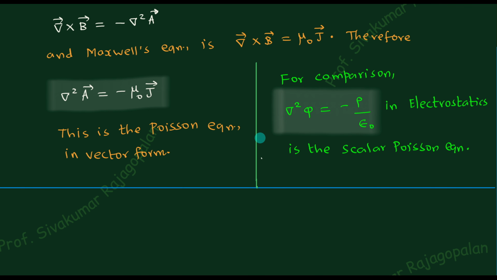Okay, so what is the main conclusion ultimately? Why did we do all this Coulomb gauge, etc.? The Coulomb gauge has helped you to determine the magnetic vector potential in the form of a Poisson equation. So why do you want to reduce it to a Poisson equation? Because when you have the Poisson equation, you know the solution methodology. What is the solution methodology?